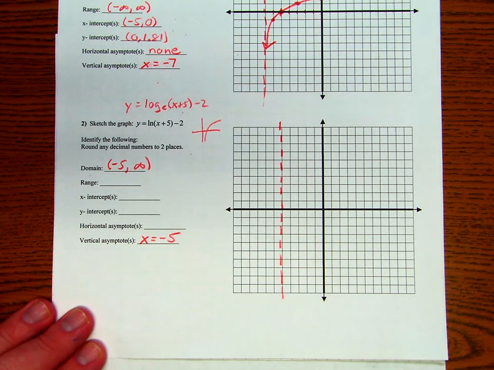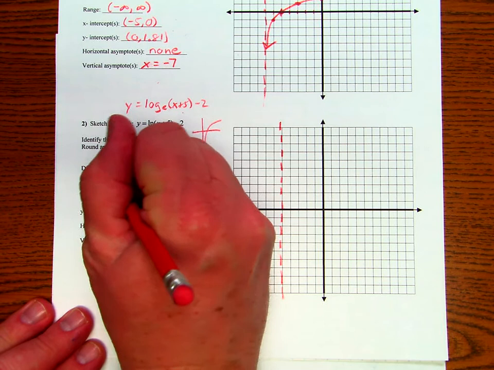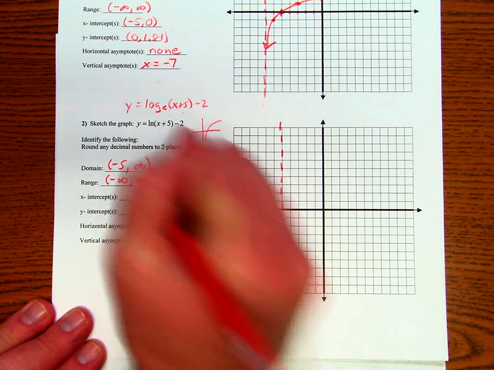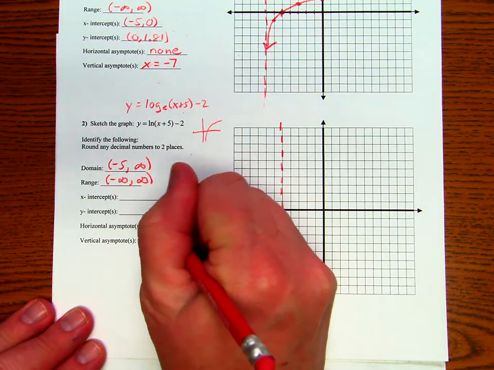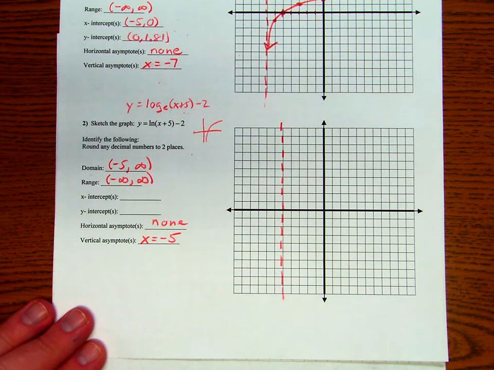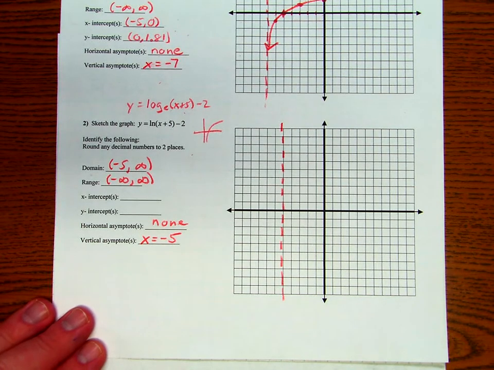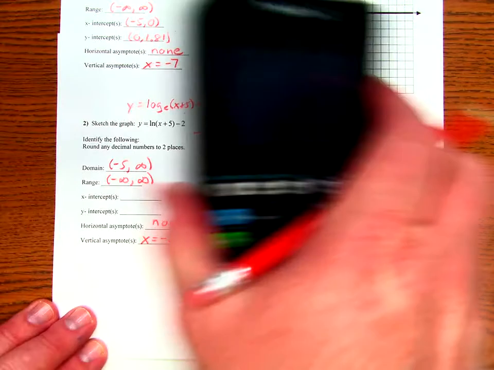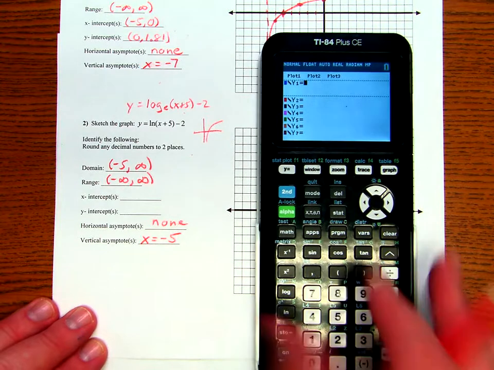All of our basic logarithmic graphs have a range of all real numbers without a horizontal asymptote. So in terms of things to identify here, you need to get the x-intercept, you need to get the y-intercept, you need to flesh out some points here. All right, let's go to the graphing calculator.